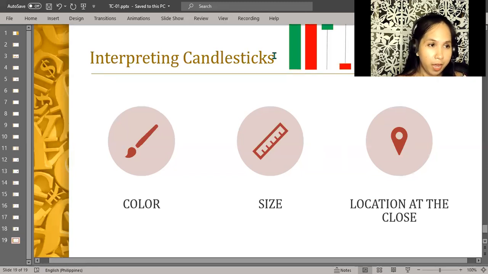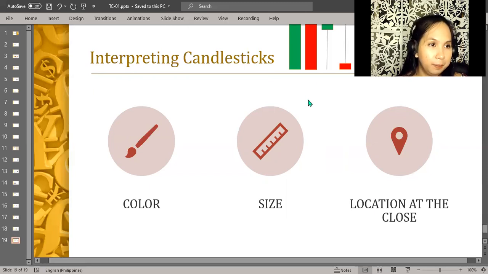Similarly, if it's red or black, it would be bearish. Now, second, we look at the size. Size of the body determines the strength. The longer the green candle's body, the more bullish it is. And similarly, the longer the red candle's body, the more bearish it is.